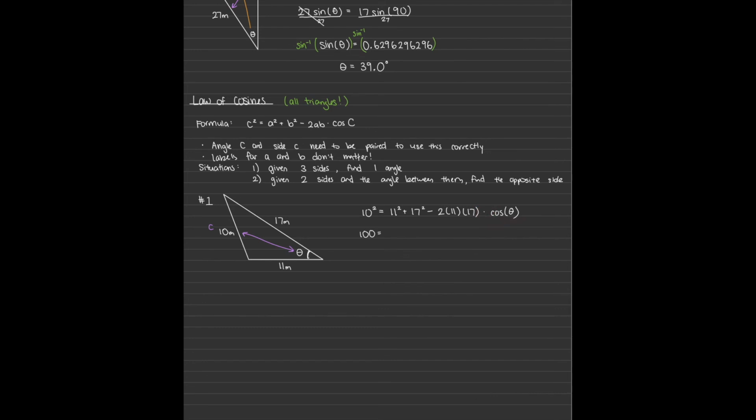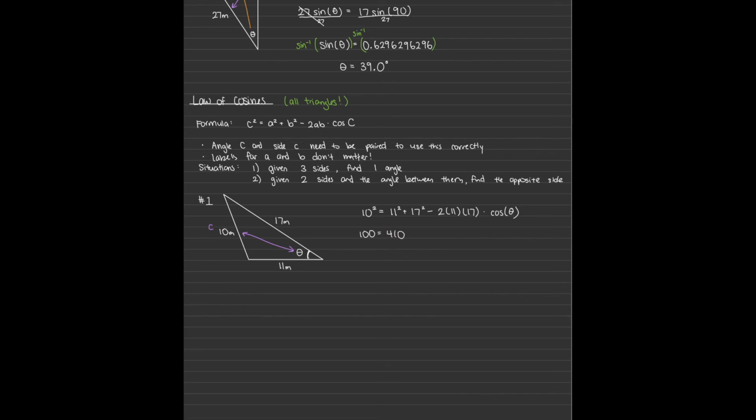The thing you can do is you can compute that 11 squared plus 17 squared is 410.